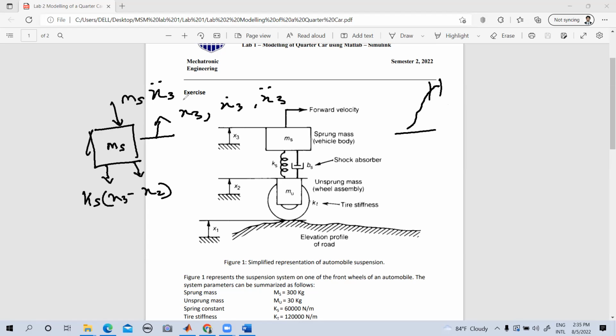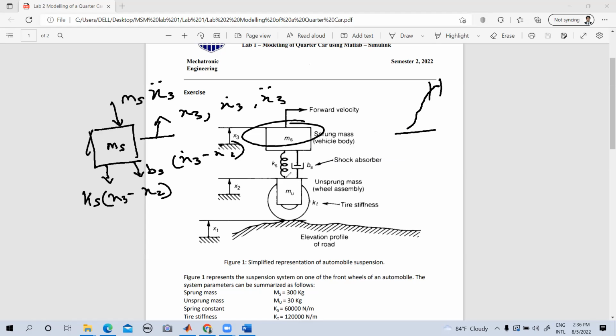There's a resistance given by the damper like this. Okay, so this is the free body diagram of this part, right?